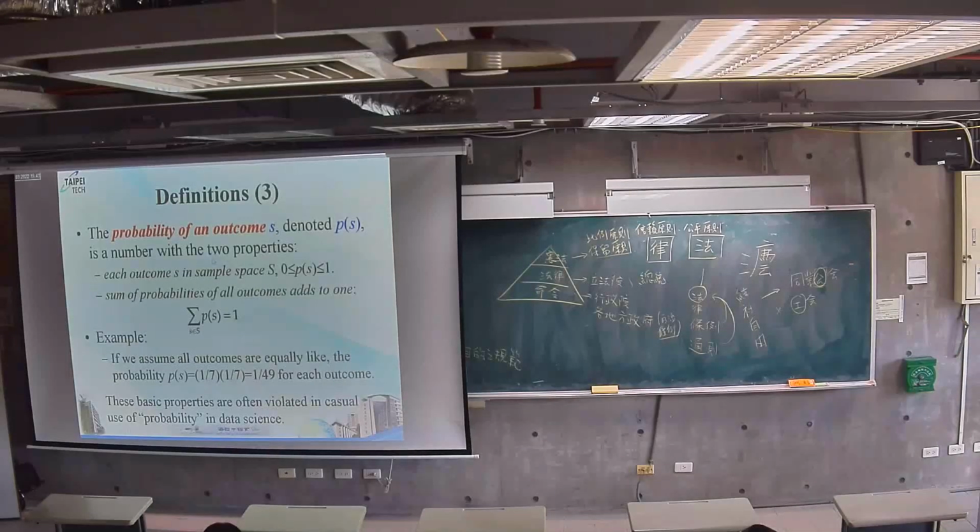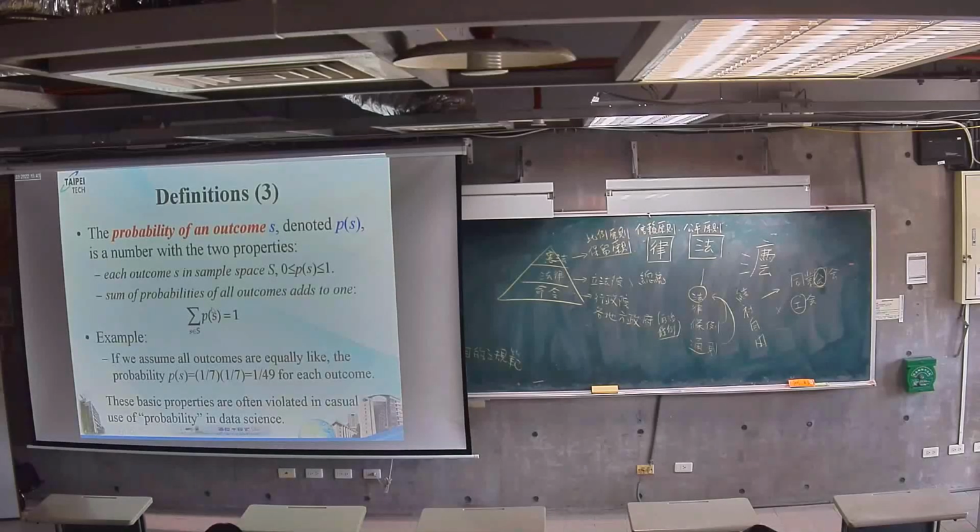Furthermore, the other condition is that the sum of the probabilities of all outcomes is equal to 1. This is a very important condition. In general, maybe in the future when you work on probabilities, you might focus on the first condition and forget the second important condition.